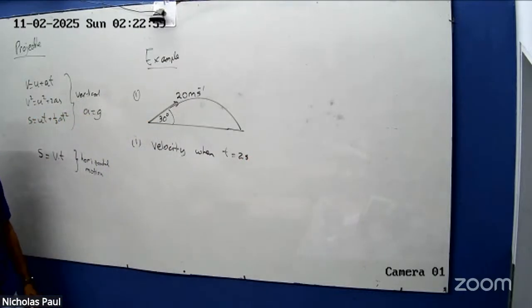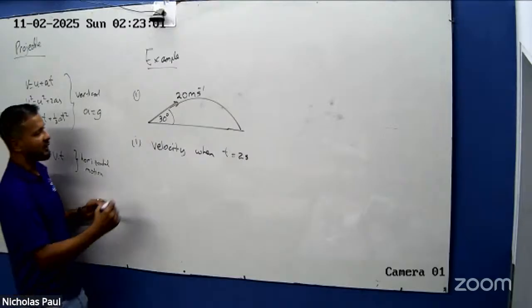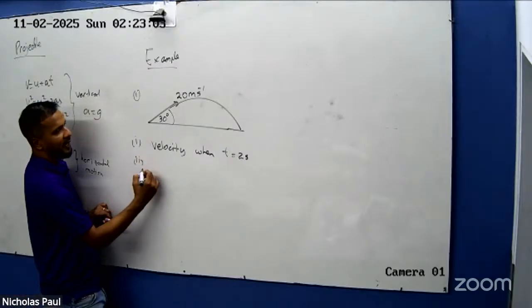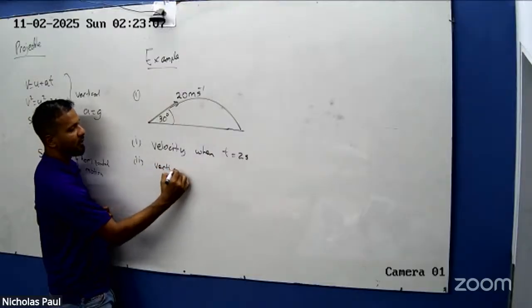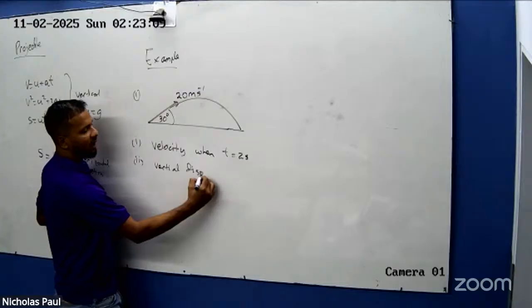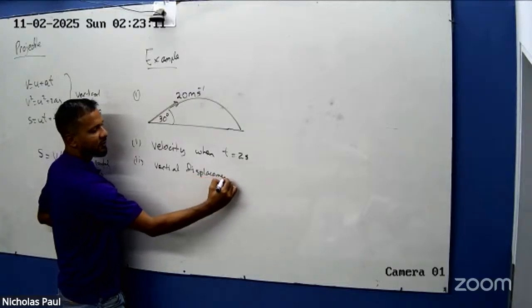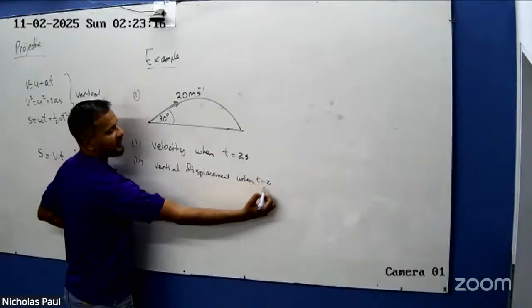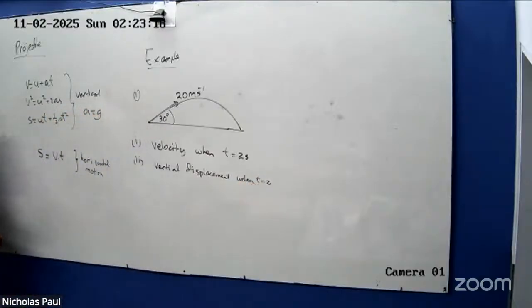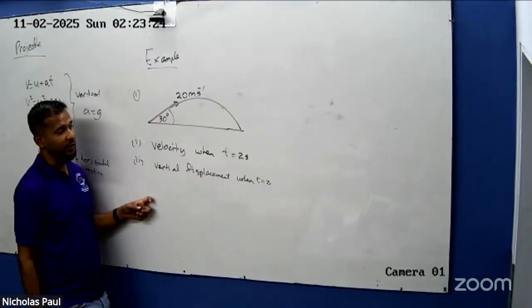And then let's find the vertical displacement when t is 2. That's right, Joseph? So let's see if we could work that out.